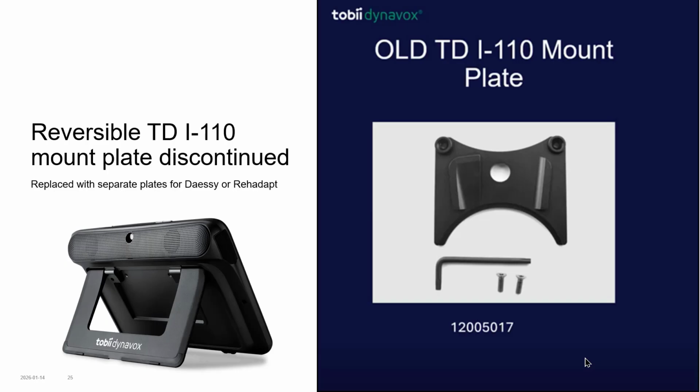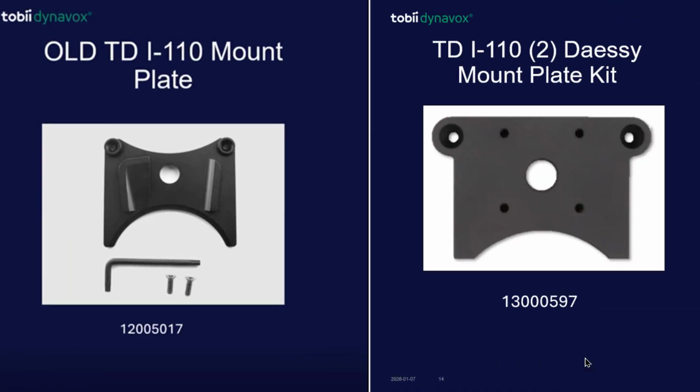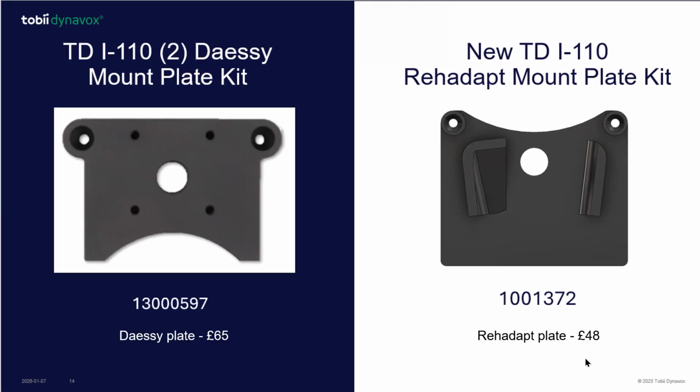We wanted to share that the reversible TDI 110 mounting plate has now been discontinued. That's part number 12005017. It was intended that this was going to be reversible, but it didn't actually work well in practice. So instead, we've moved to have two separate mounting plates.